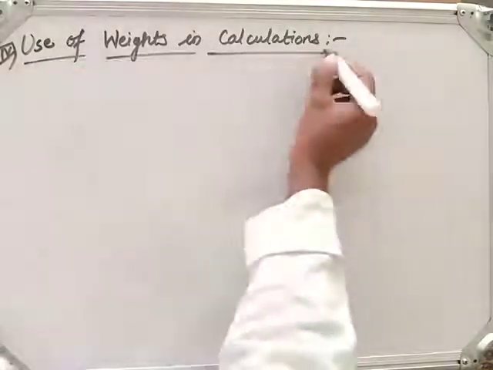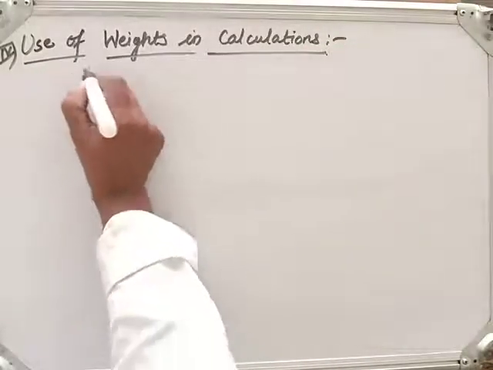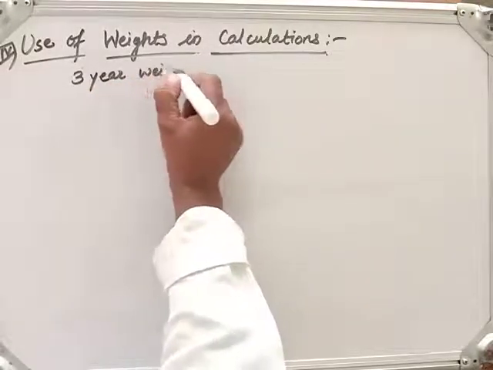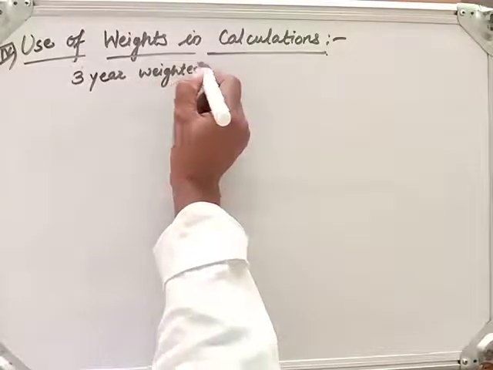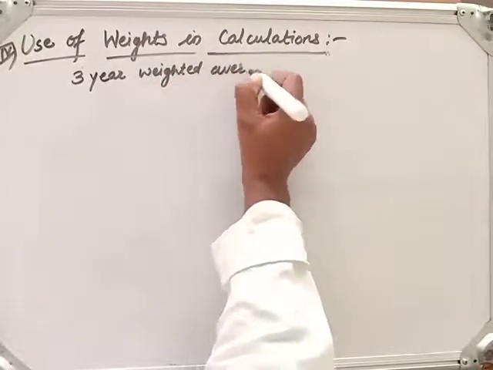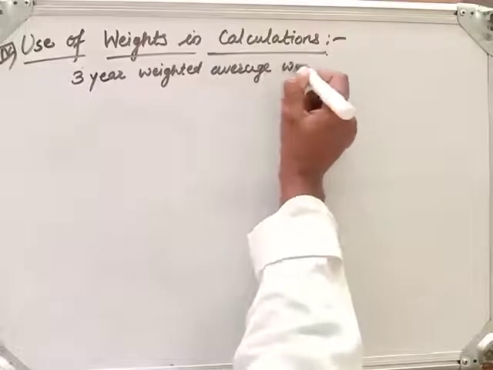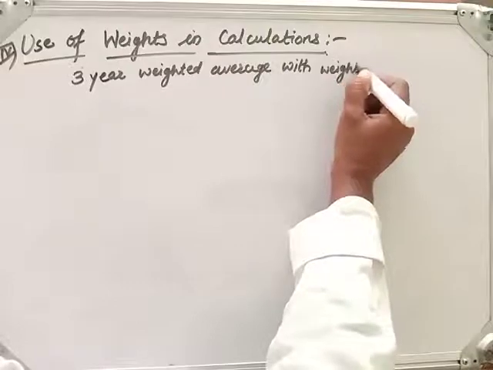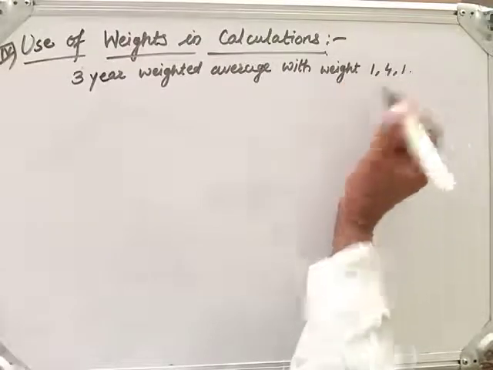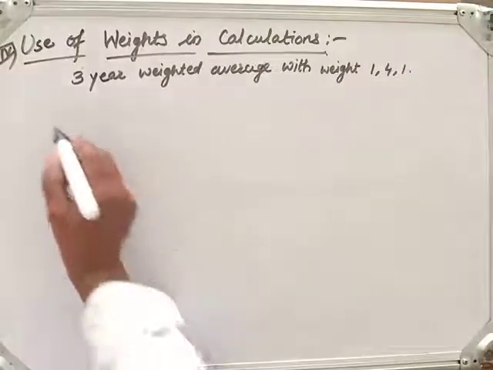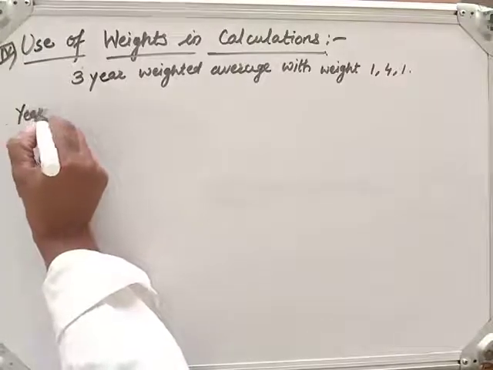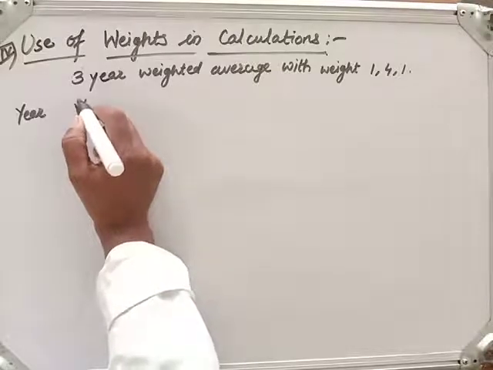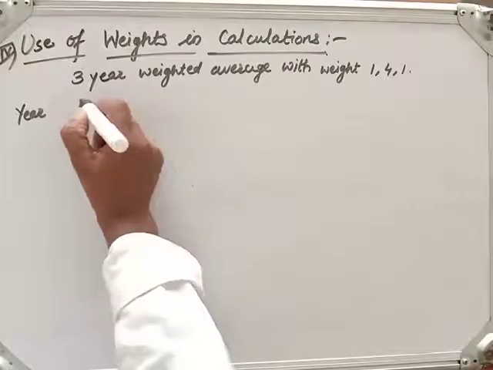Now here suppose 3-year weighted average, with weights 1, 4, 1 given to us. With this example, suppose year and production.